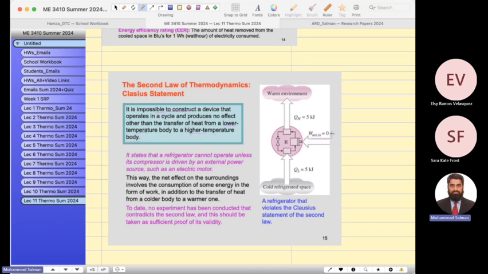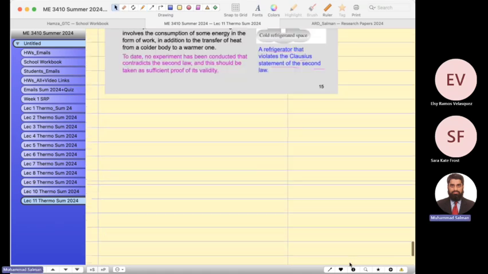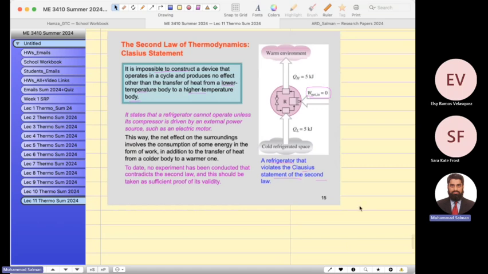So if this is zero, then it violates the Clausius second law. So you must spend some amount of work or energy in order to let the heat flow from the cold body reservoir to the hot body reservoir.